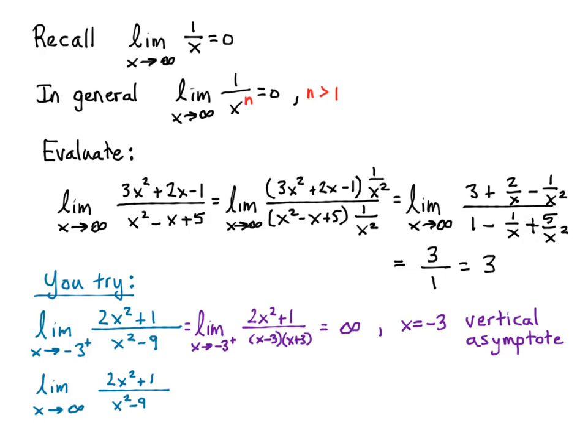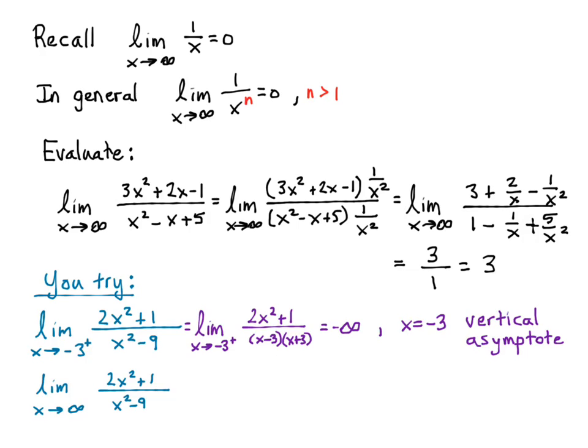This should be, I think I have it backwards, right? If we come from the positive side, we should be a little bit less than, yeah, this is actually negative infinity.